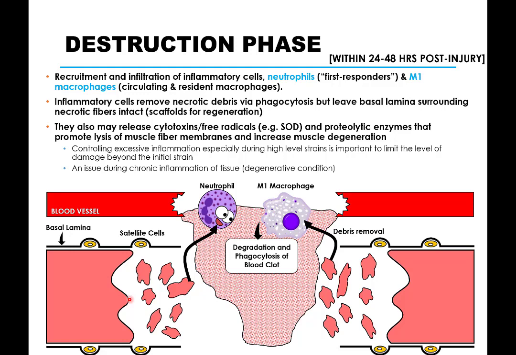And like I said, the acute inflammatory response is normal, but excessive inflammation, although normal as well, can be further damaging. So over the many years of research in sports medicine, we have developed various modalities to help limit excessive inflammation during this acute post-injury phase to limit secondary damage on healthy, undamaged portions of the muscle fibers.